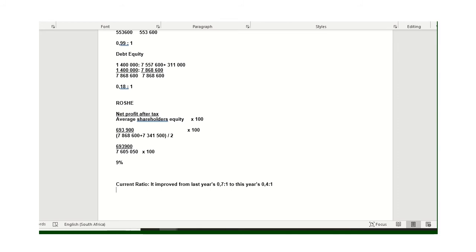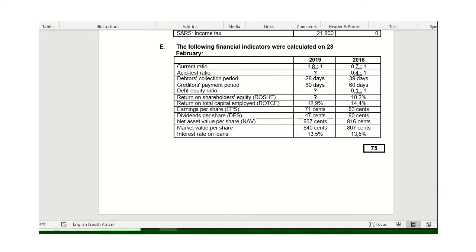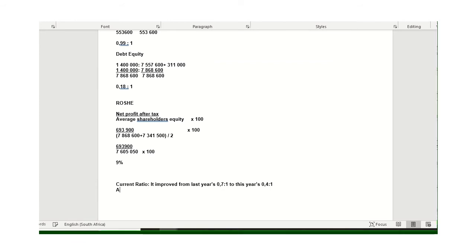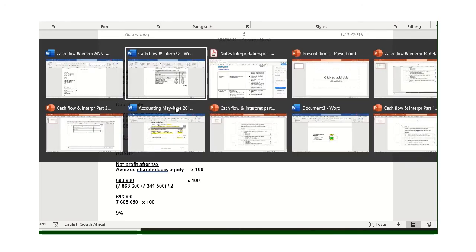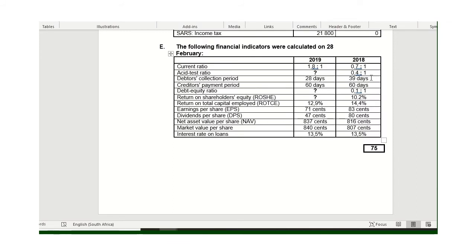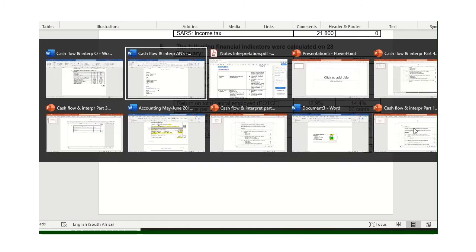I have to give 3. So the next one I will give is the one I just calculated, the asset test. So the asset test ratio is my second liquidity ratio that I'm going to quote. What happened to the asset test ratio? Well, when we calculated it for this year, it was 0.991. So let's see what was last year. Last year it was 0.4 to 1. So it also improved. It improved from 0.4 to 1 to now 0.99 to 1.